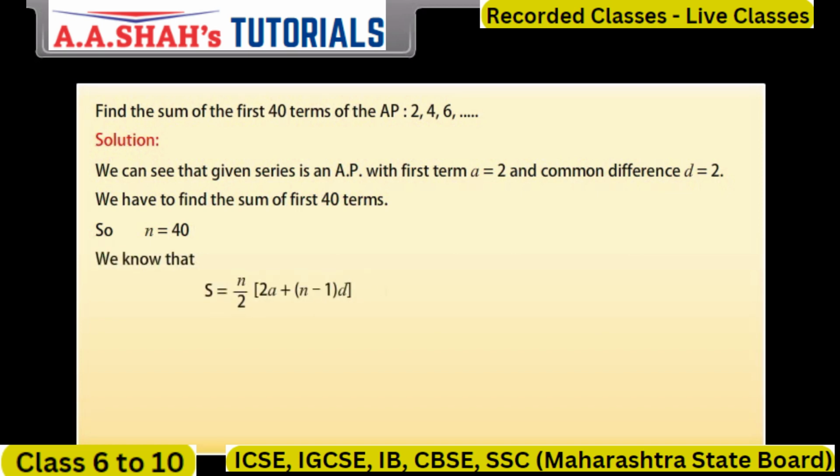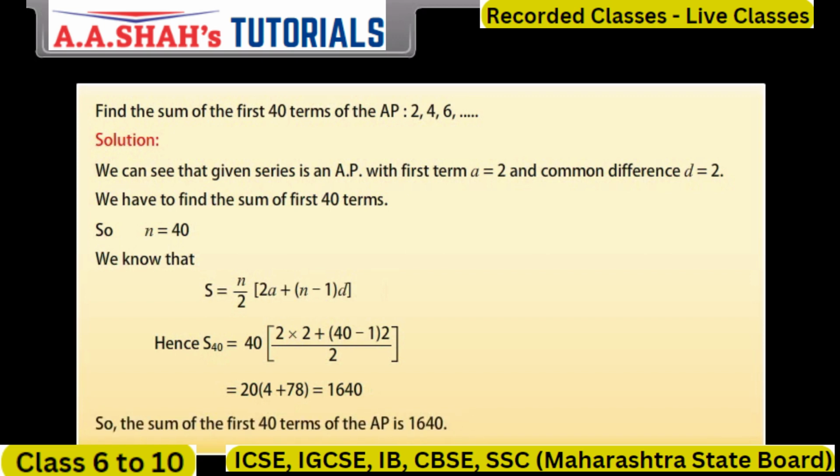We know that S is equal to n upon 2 into 2A plus n minus 1 into D. Hence, S40 is equal to 40 upon 2 into 2 plus 40 minus 1 into 2, which is equal to 1640. So the sum of the first 40 terms of the AP is 1640.